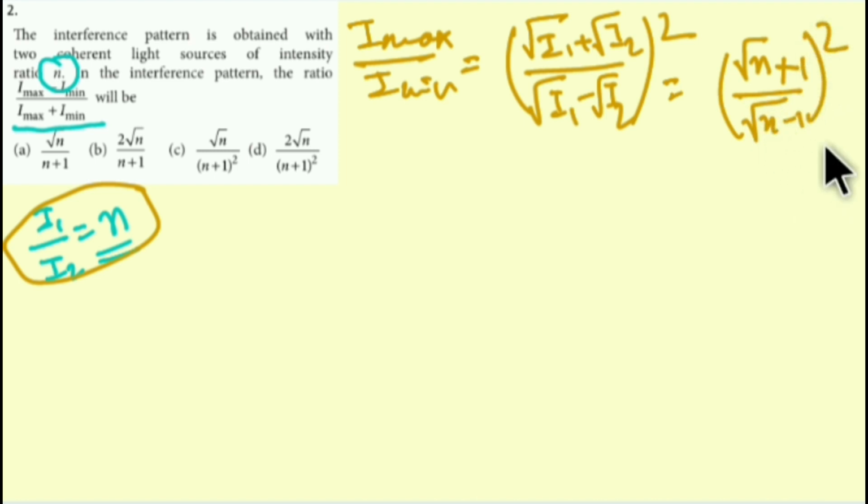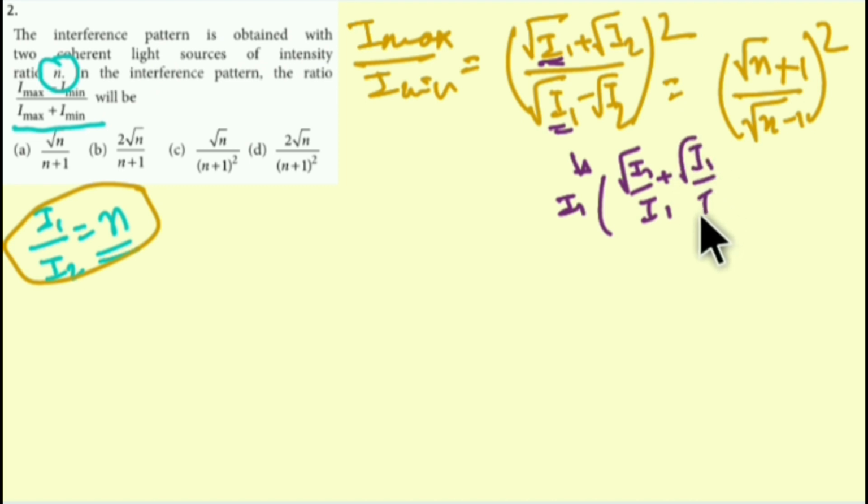What we are doing here is taking common I1 from the numerator and the denominator. So it will result like root I1 by I1 plus root I1 by I2, and here is root I1 by I1 and so on. So this will become root n and this is 1.